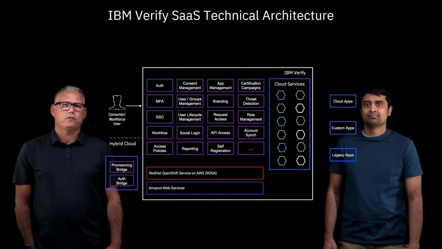Each service can be consumed via APIs as a part of a user journey or via standard integration patterns using single sign-on protocols or other industry standards, or leveraging our rich application catalog or adapters that provide a mechanism to connect with common applications. The solution runs on top of Red Hat OpenShift on various hyperscalers, including AWS.